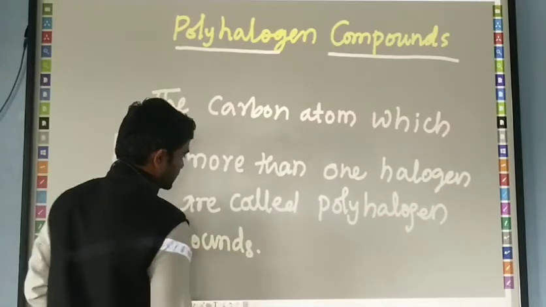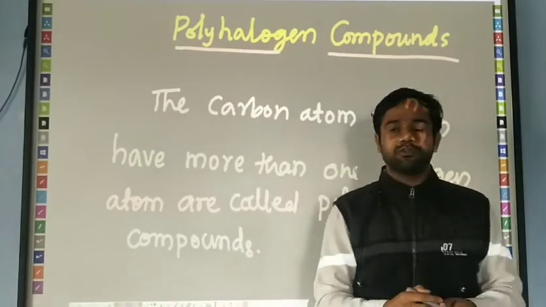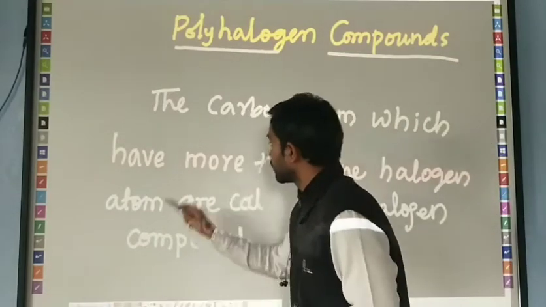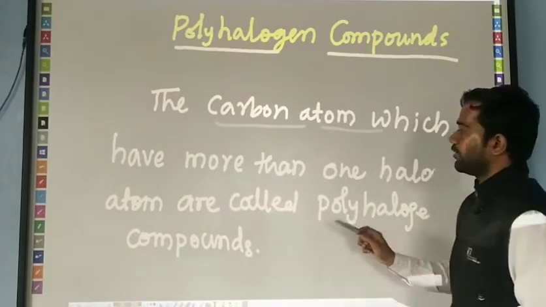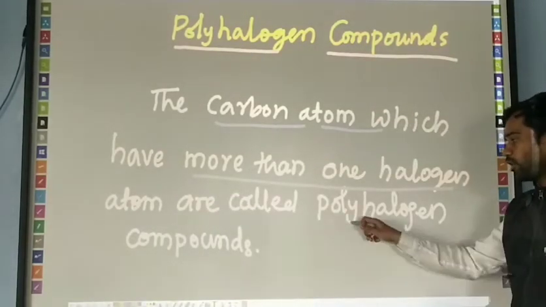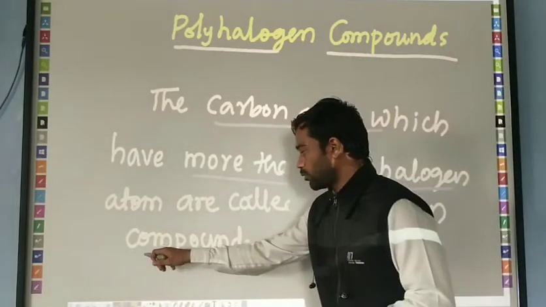This is the basic definition of polyhalogen compounds. What is it telling us? The carbon atom which has more than one halogen atom is called a polyhalogen compound.